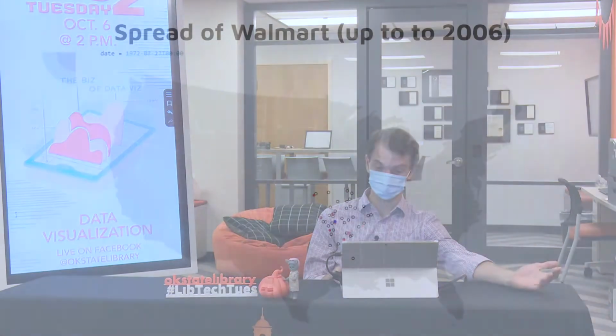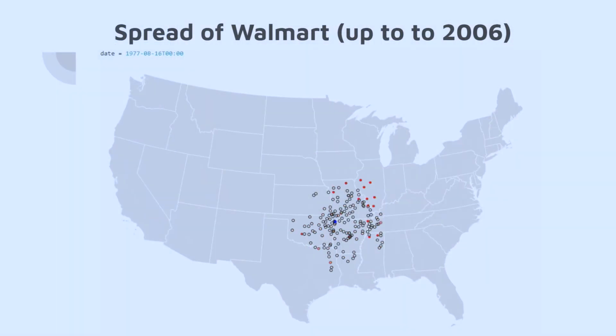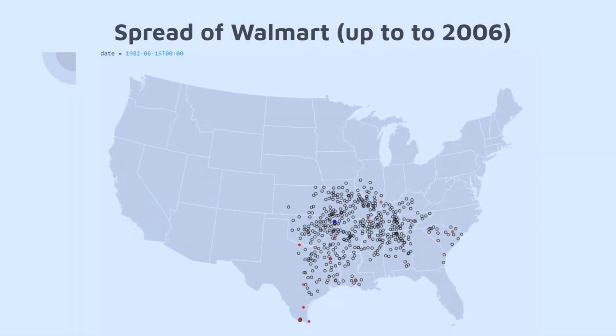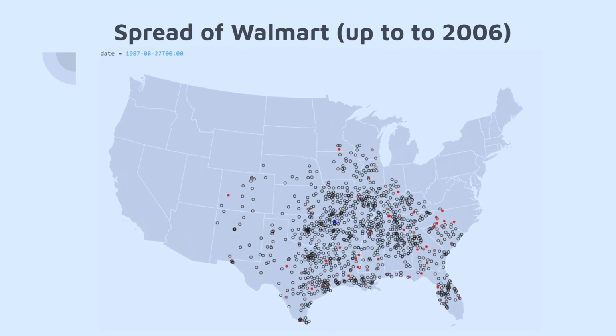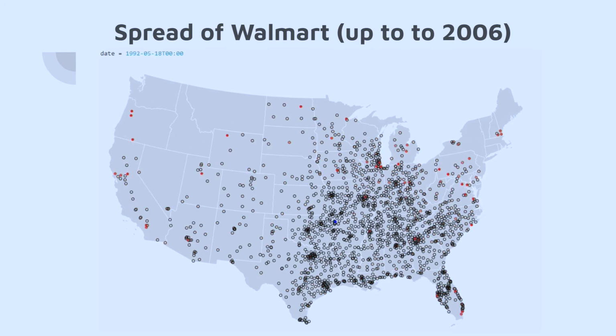So that's a fairly compelling portrayal of, again, a time series. This is another form of time series visualization, change over time, and showing how this one brand has enveloped the country.